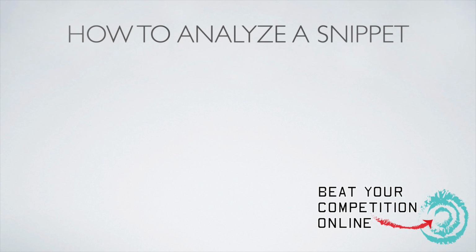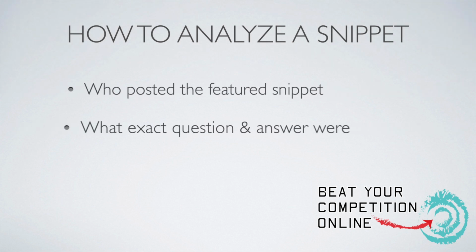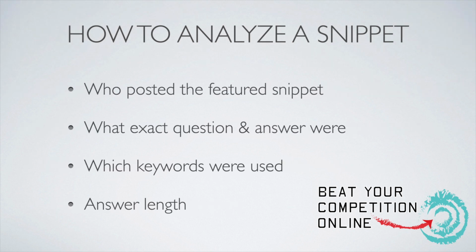Who got into the featured snippet. 2. What their exact question and answer were. 3. Which keywords they used. And 4. How long their answer was. From this information, we can compose a response on our website.